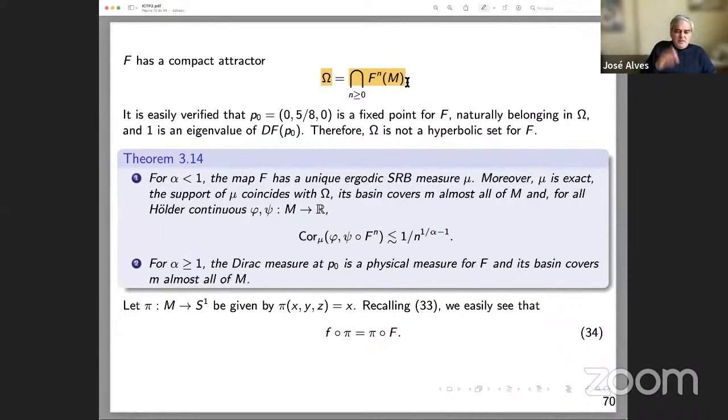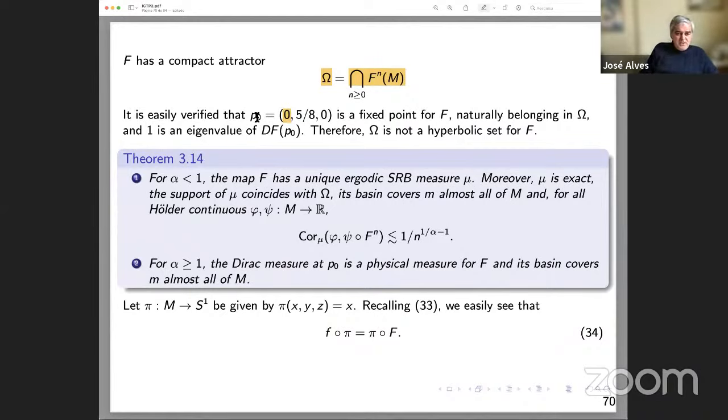When you cut, you obtain a Cantor set of lines passing through the points. It's easy to see that we have a fixed point for the base dynamics corresponding to the 0. And since we have a contraction, the fixed point gives rise to a fixed disk in the solid torus, and it's a contraction, so there is a fixed point there, and in fact it is unique.